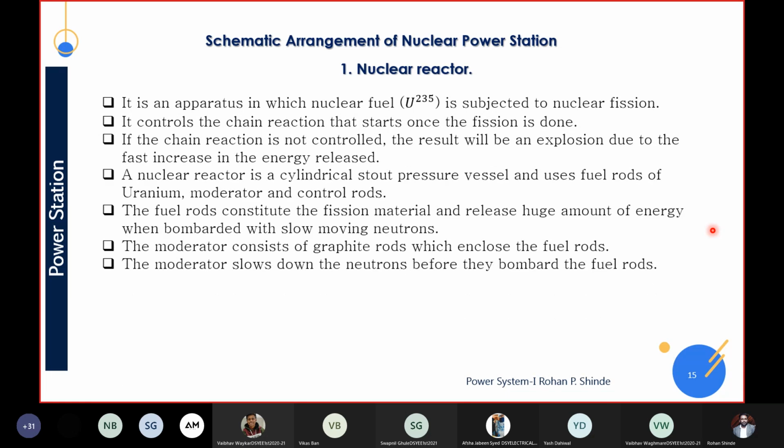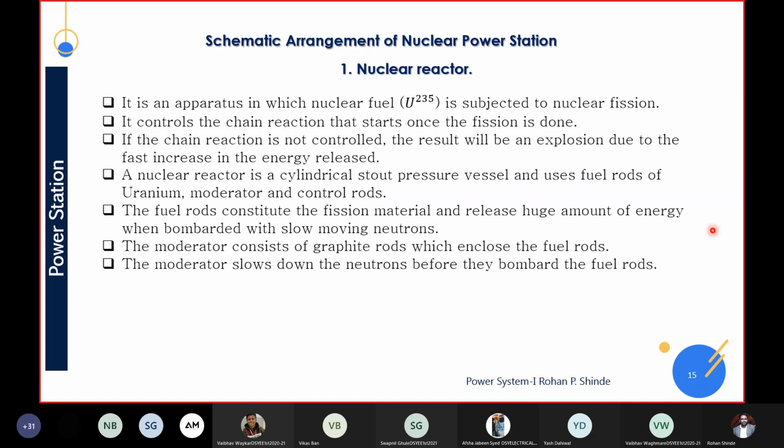Okay, this nuclear reactor is a cylindrical stout pressure vessel, and it uses fuel rods of uranium, moderator, and control rods. That means three rods are there in this nuclear reactor.